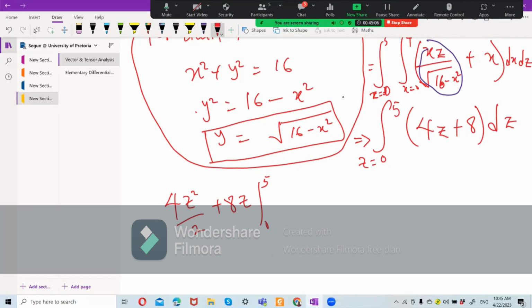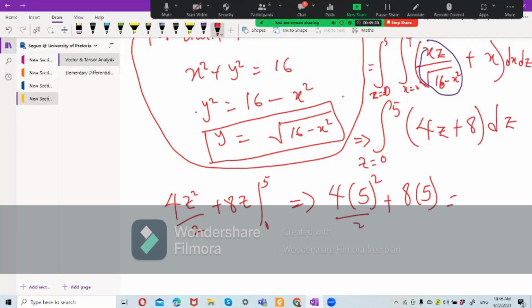When you substitute the values, you have 4 into 5 squared over 2 plus 8 times 5. At the end of the day, you have 90. Any question?